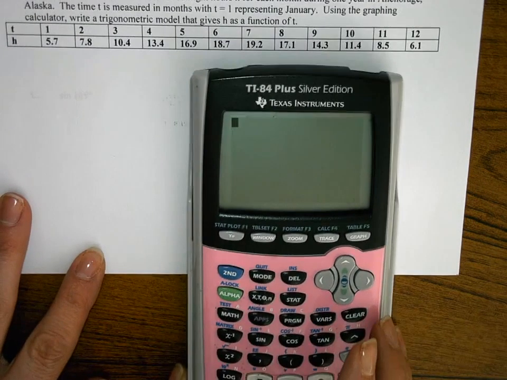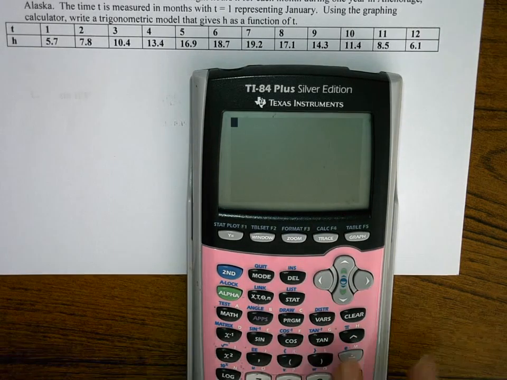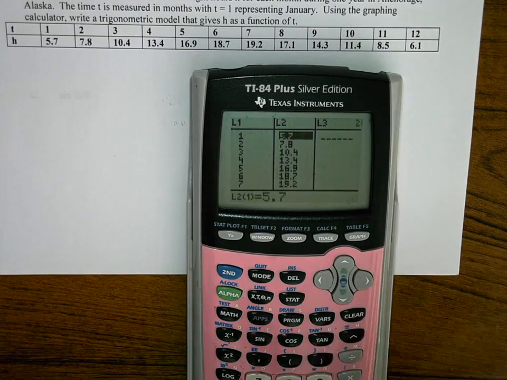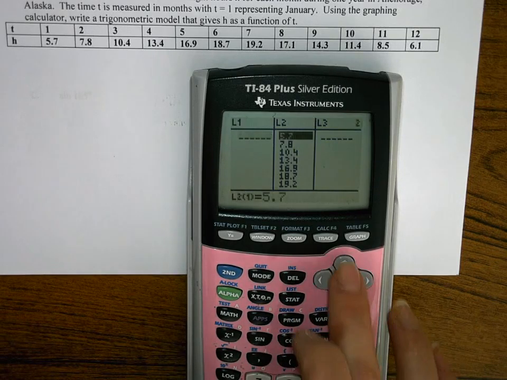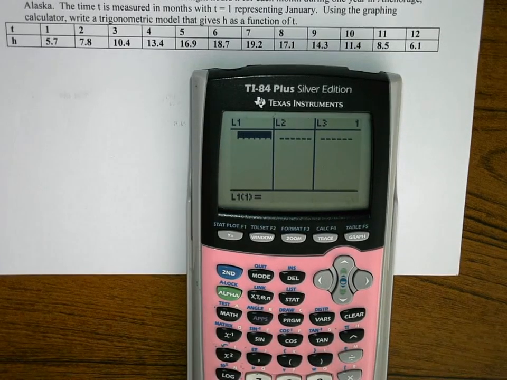What menu are we going to go to? Stat. Absolutely. We got to go put our data in the stat. So we're going to go to the edit. Whatever's in there, bunch of crud. Go up to L1, hit clear. Go up to L2, hit clear, and get rid of the crud that's in there.